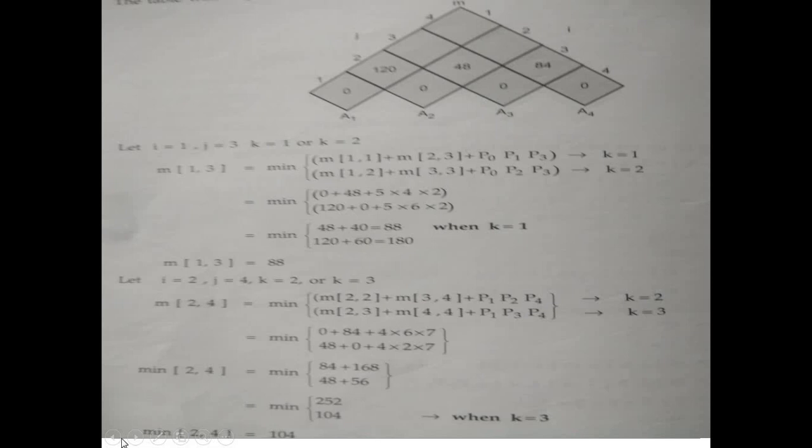Okay, so here we have two cases. The first case says that we calculate the multiplication of A2 and A3, and after it we will multiply with A1.